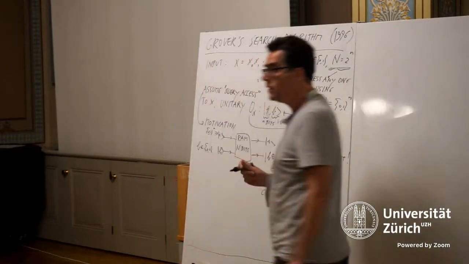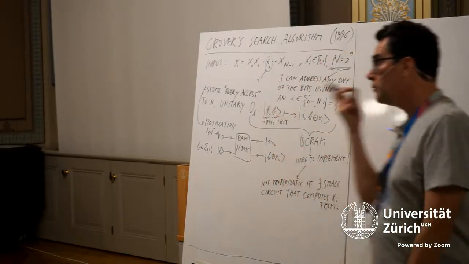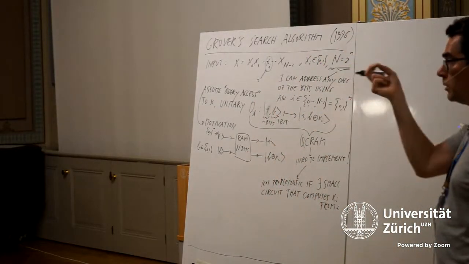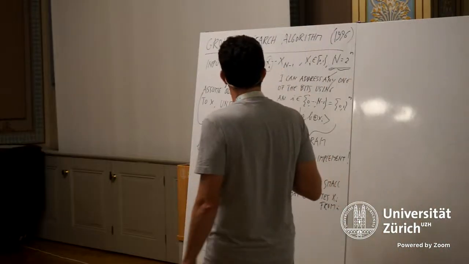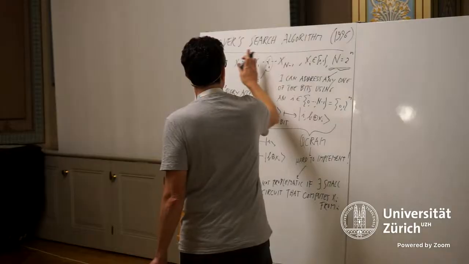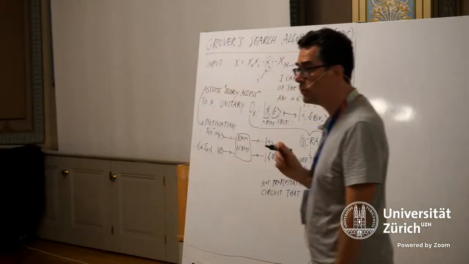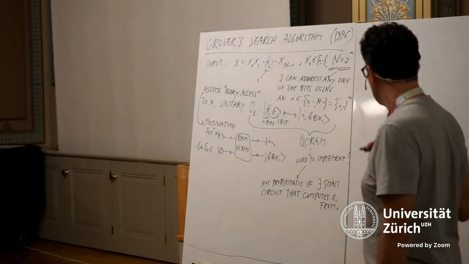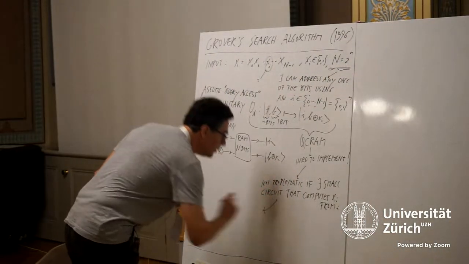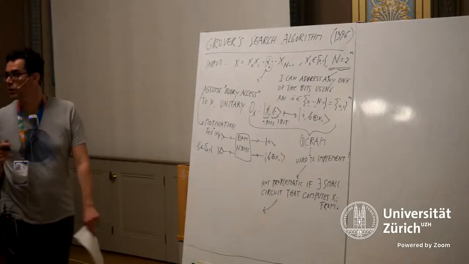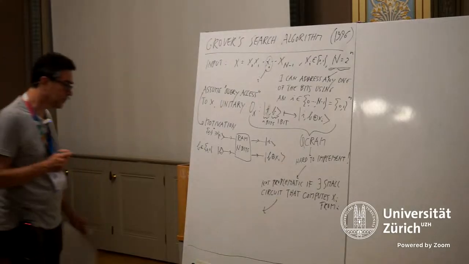It would just be the truth value of the formula evaluated on the assignment corresponding to i. And in that case, trying to find a location of a 1 here, which is what the search problem is about, would solve the satisfiability problem. So one example where this whole QRAM story is kind of irrelevant is the satisfiability problem.